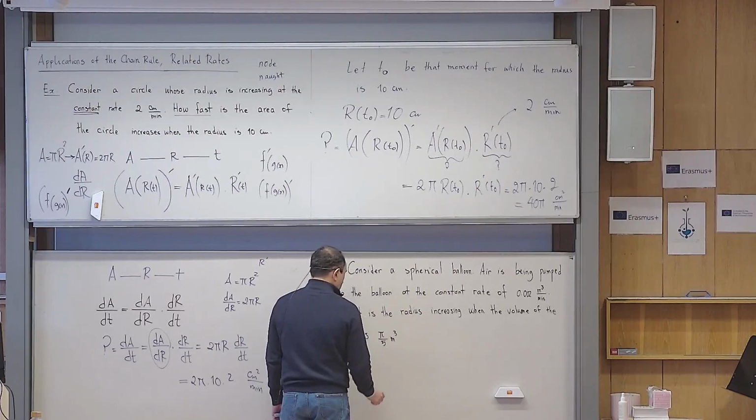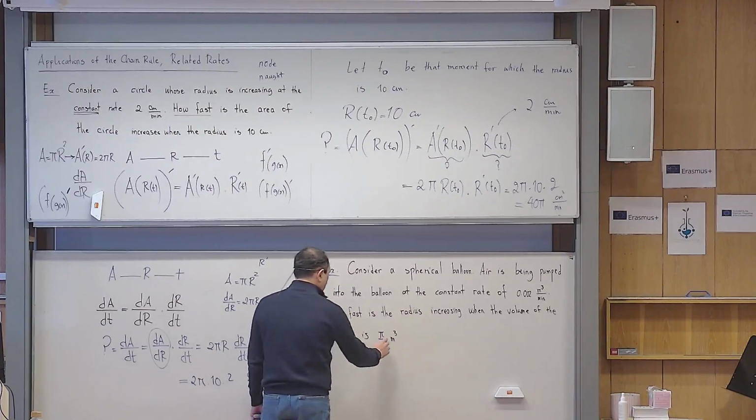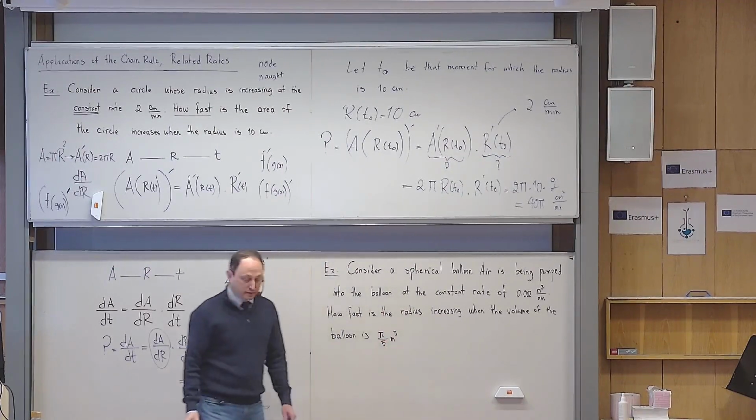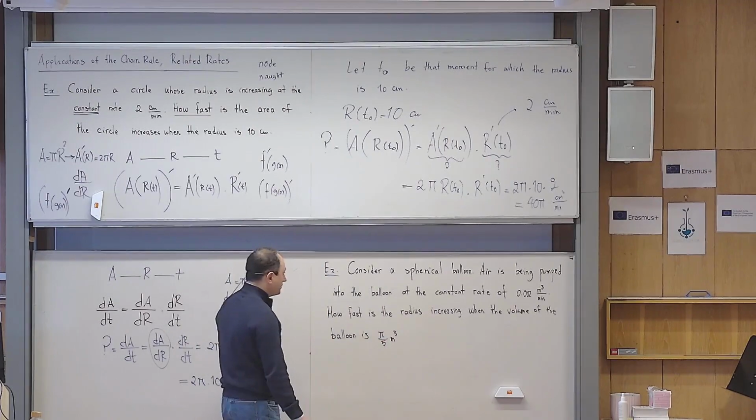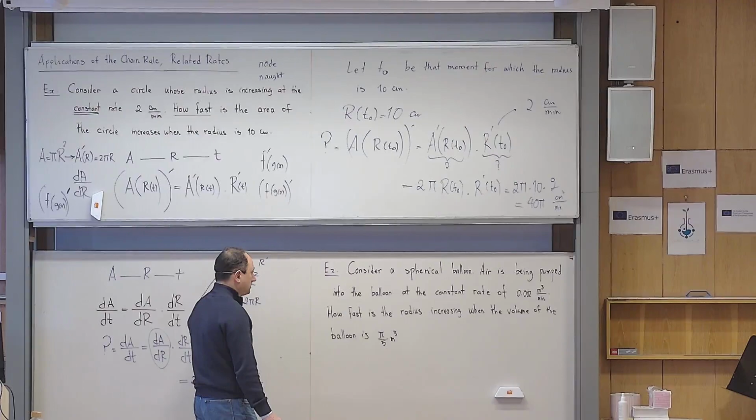I don't know if it is reasonable or if it will burst before that. Okay, you don't think about practical issues. If you don't like it, make it divided by something else, 5 is good. Okay. So how fast is the radius increasing when the volume of the balloon is this?